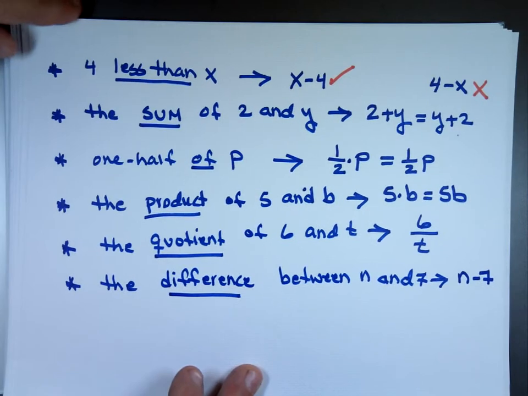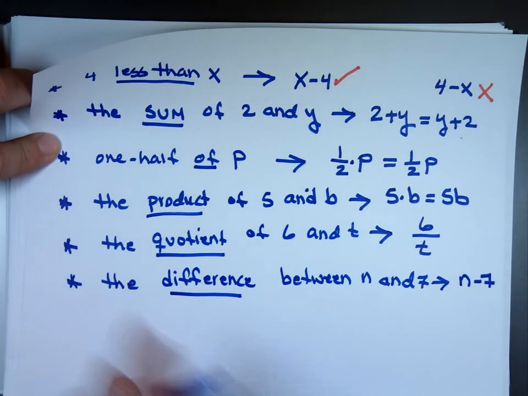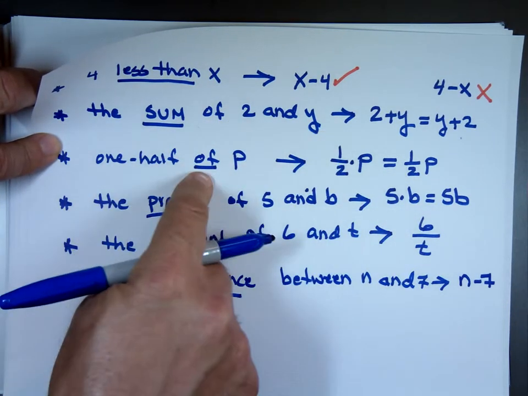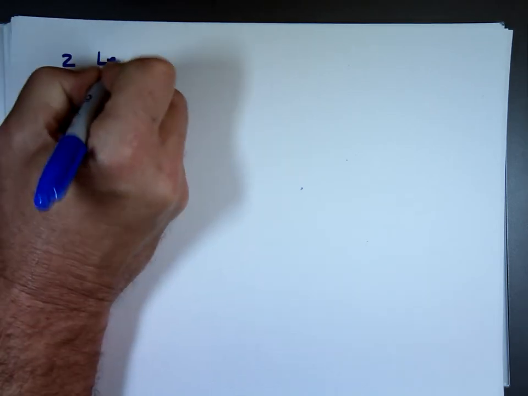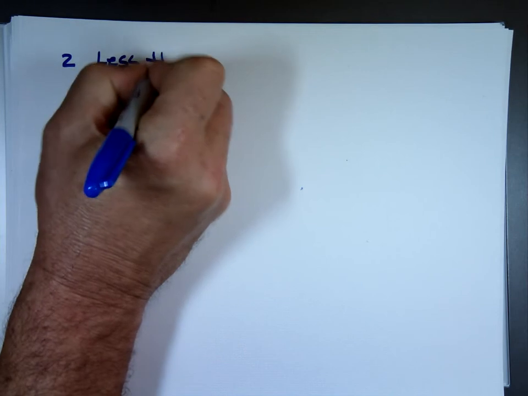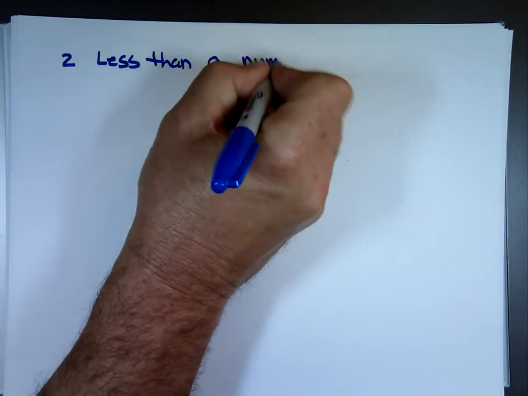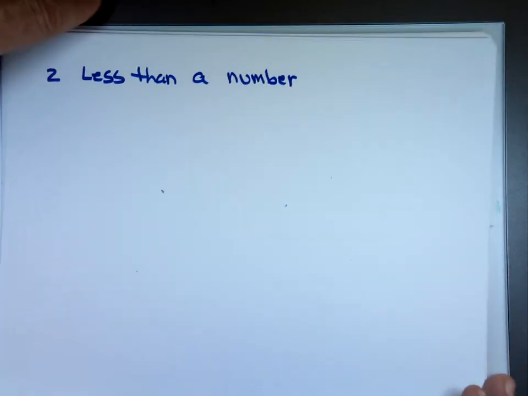Couple more problems. Notice I always said the sum of 2 and y, half of p, product of 5 and b. What about the next example? 2 less than a number. Now we've got two problems. I didn't tell you what the number is.